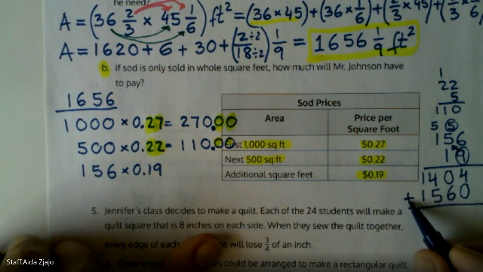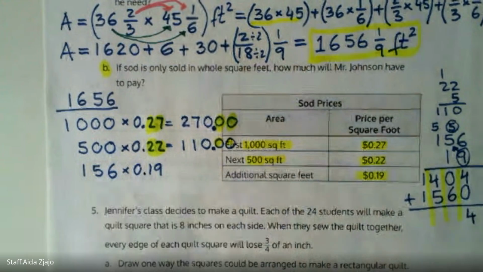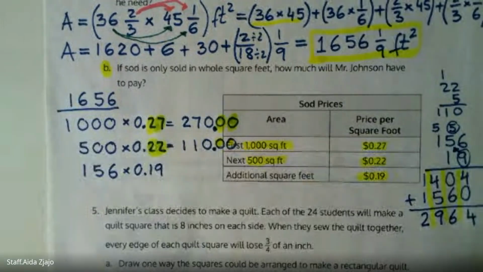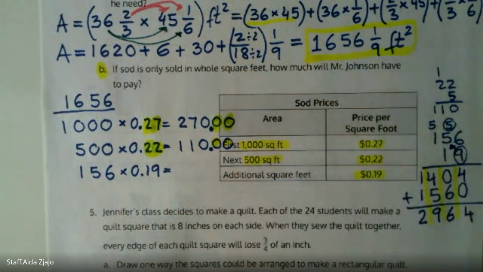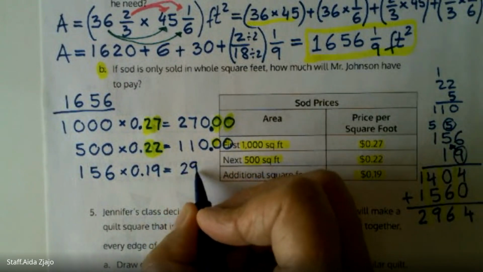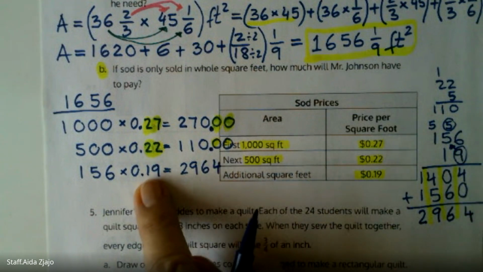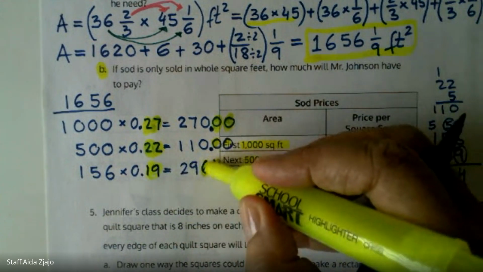Add them up. So that is 4 and 6 and 9 and 2. So here it is 2, 9, 6, 4, but they are hundreds, so I need to show hundreds in my answer.